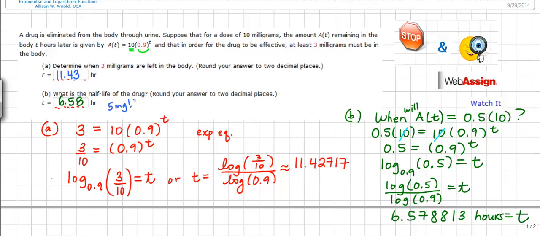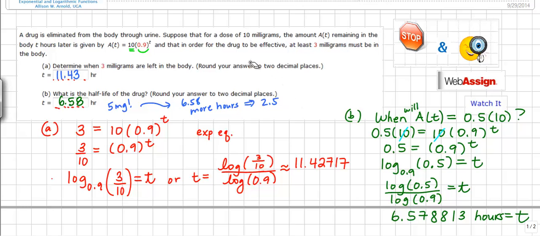that's half of the amount, then that would mean in 6.58 more hours, you're down to 2.5 milligrams, because you're taking half of the half. Oops, excuse me, that's supposed to be milligrams.